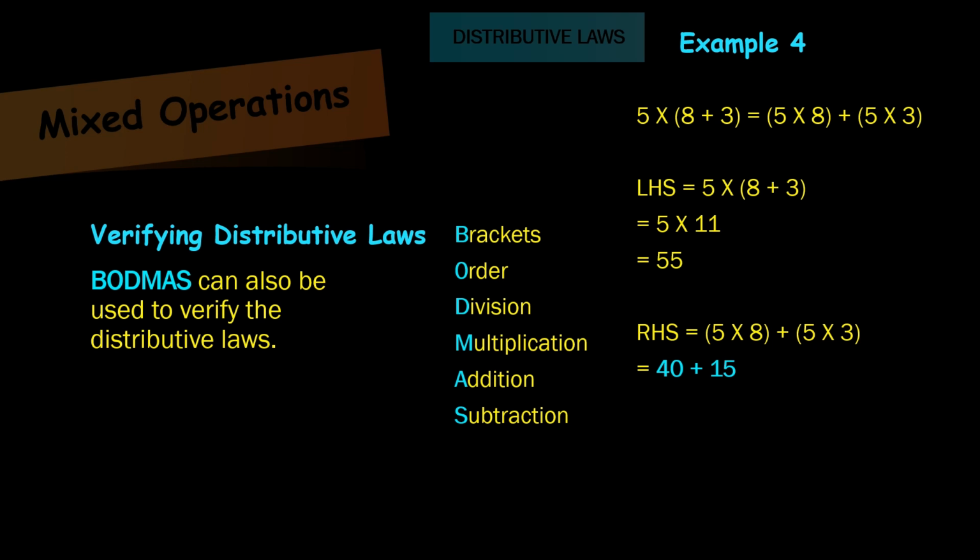There is only addition left, 40 plus 15. And this is equal to 55. So the left-hand side equals the right-hand side equals 55. And the first distributive law holds.